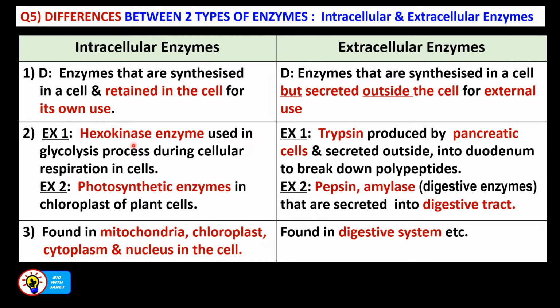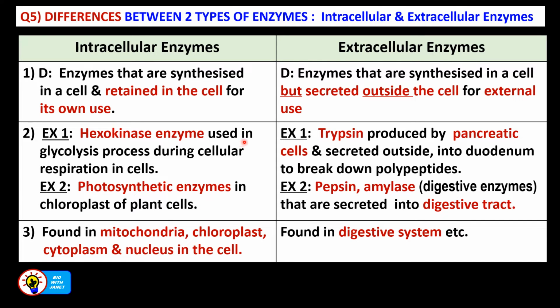Examples are hexokinase enzyme, which is an enzyme used in the glycolysis process, where glucose is broken down in the cells during cellular respiration. So this enzyme acts in the cells to break down glucose. Another example are the photosynthetic enzymes in the chloroplast of plant cells, that help to catalyze the reaction called photosynthesis.